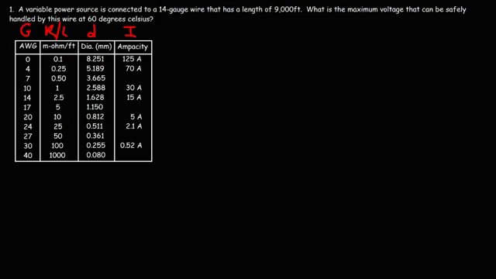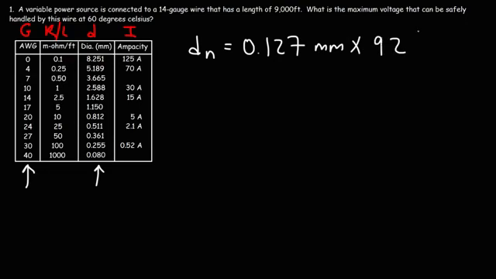It turns out that there's a formula that you could use to calculate the diameter size if you know the wire gauge number. And here it is. D sub n is equal to 0.127 millimeters times 92 raised to the (36 minus n) over 39. So let's plug in 20.